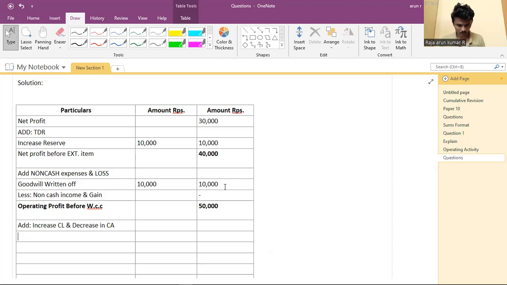What are the items? Creditors. I do the format first of all, and then you can understand the explanation, and then you see that for answer in my typing, you will be able to understand how to approach the question.